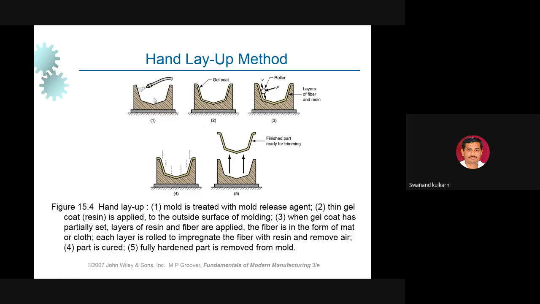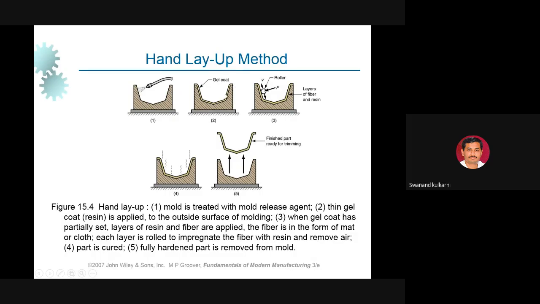Now see, as shown in figure 2, a gel coat is present on the surface of this particular portion, and later on, one by one, we are keeping the layers. In figure 1, only mold releasing agent is applied. As shown in figure 2, a thin gel coat is applied. Here you can see this is the resin.